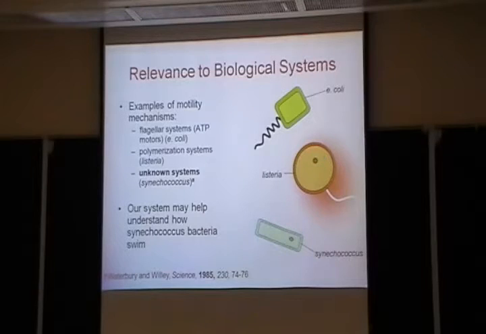There are some polymerization bacteria like Listeria that move by actin polymerization, much like what you heard this morning. And then there are others whose names I can't even pronounce. They have no obvious way of moving, but they do move. And Peter Mitchell proposed that they move by this mechanism that I just talked about.